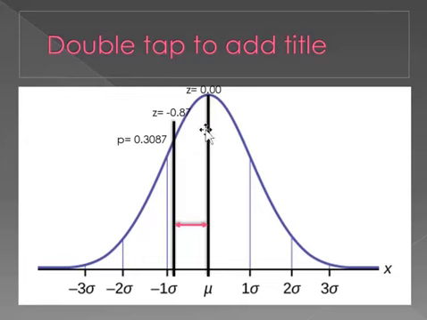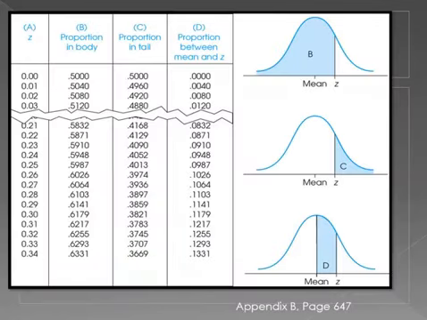The proportion of scores that fall between 0 and negative 0.87 would be the exact same proportion that would fall between 0 and plus 0.87, and it happens to be 0.3087 of our scores that should fall between these two values. So again, the column that you use depends upon whether you're looking for scores above or below a specific z value.